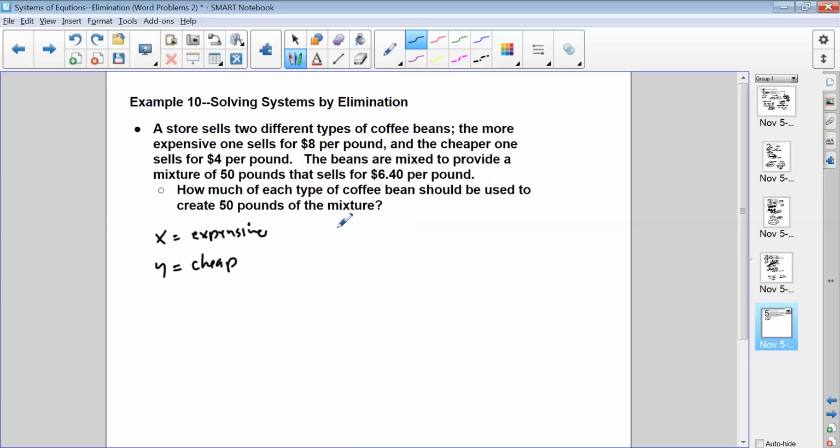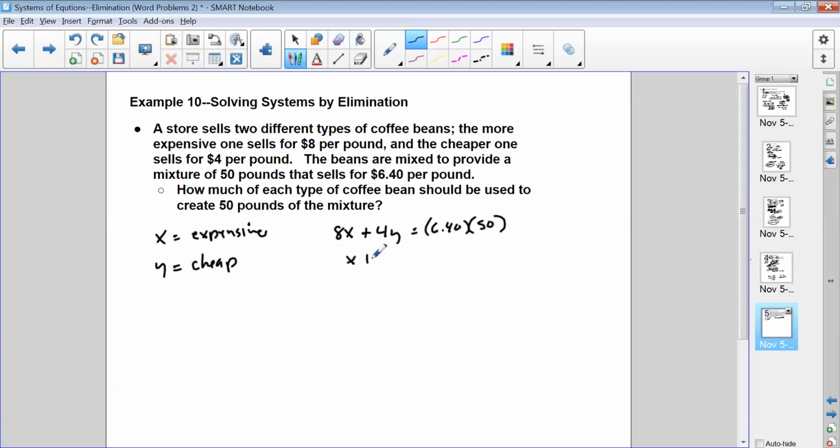in this case, we know that the expensive is 8x. So 8x for the expensive plus 4y, because y was the cheaper, and that's how much per pound, and we know that it's $6.40 for 50 pounds.